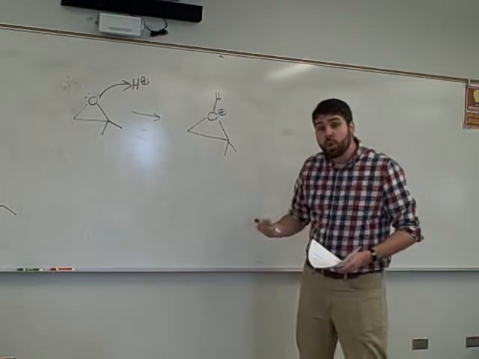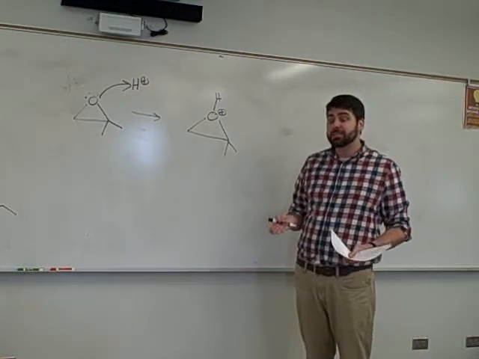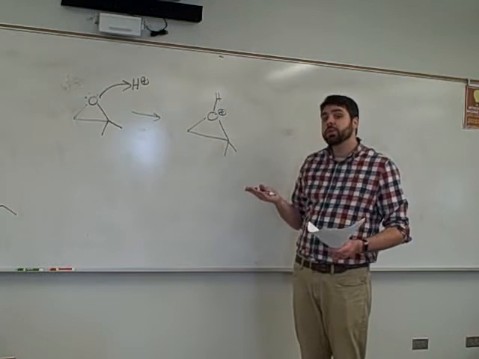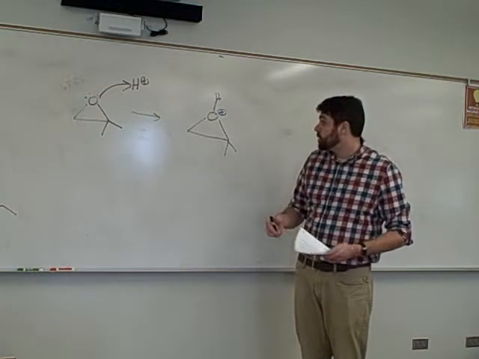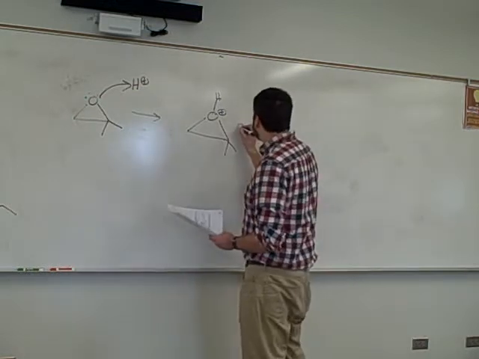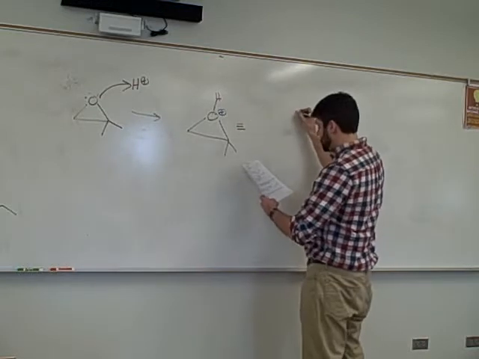And it wants to go so much that the bond actually starts to break before you even have the nucleophile come to approach. So in reality, this winds up really looking like something like this.